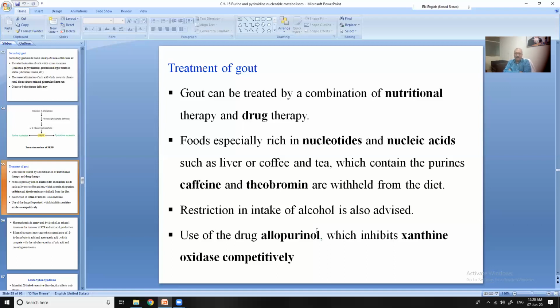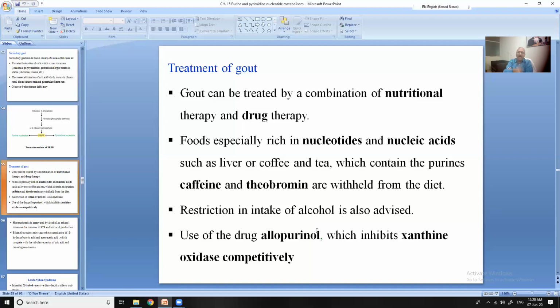And then drug treatment is the drug allopurinol, which inhibits xanthine oxidase competitively. Okay, so this drug is the competitor of xanthine oxidase, and you know that xanthine oxidase is used in the biosynthesis of uric acid.